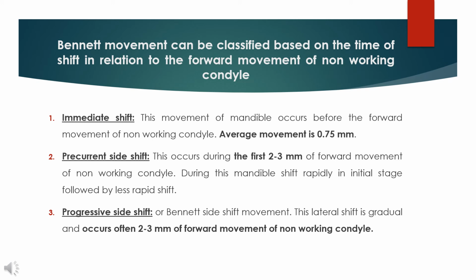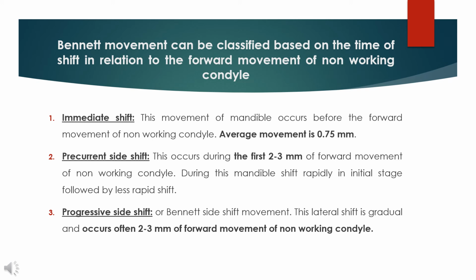The immediate side shift: this movement of the mandible occurs before the forward movement of non-working condyle and its average movement is about 0.75 mm. Next is the precurrent side shift. This occurs during the first 2 to 3 mm of forward movement of non-working condyle.